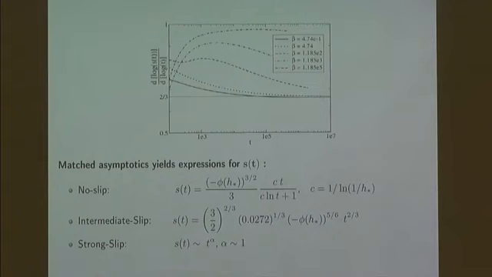Now, what does it tell us? If you look at some matched asymptotics calculations for the no-slip model, then the development of the contact line is about linear with some logarithmic corrections. So the dewetting rate here is almost constant.